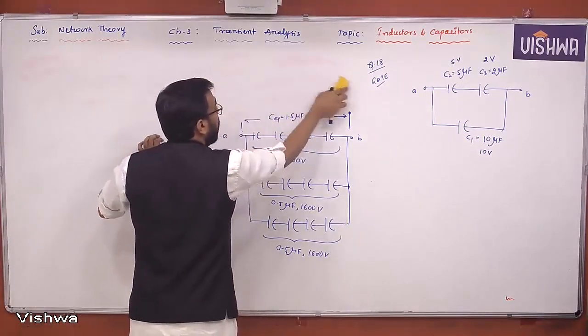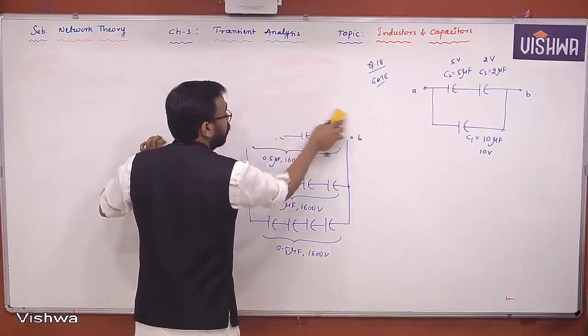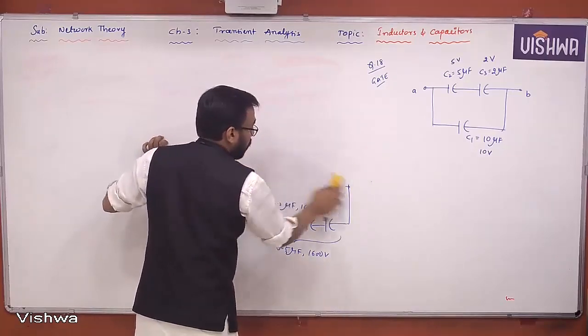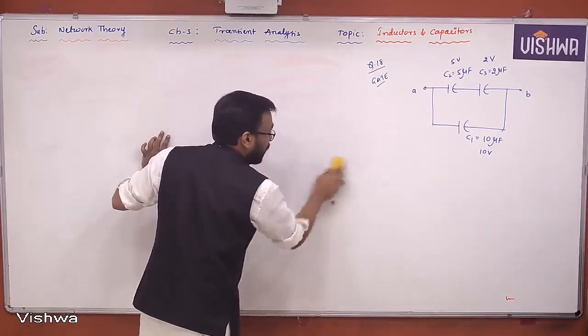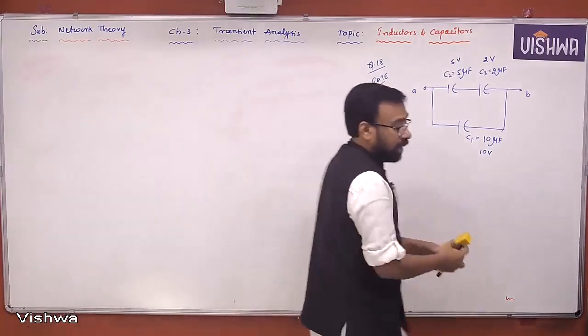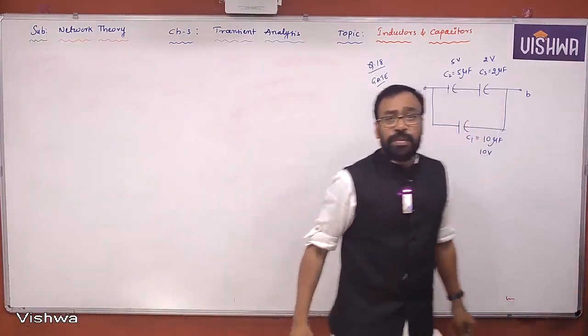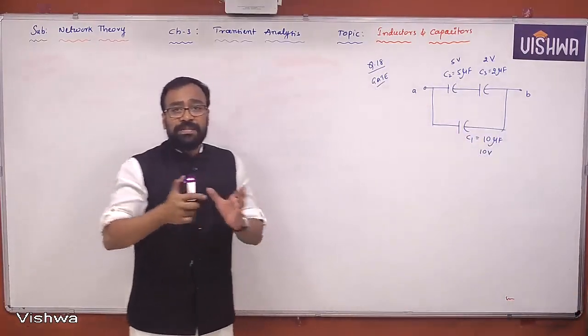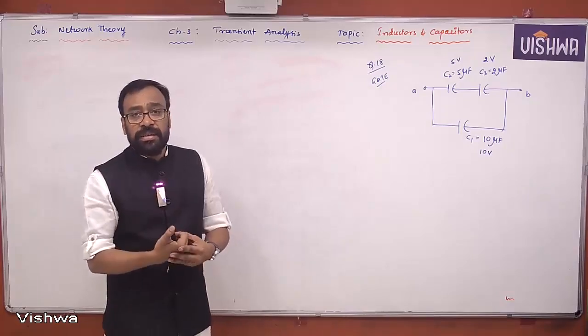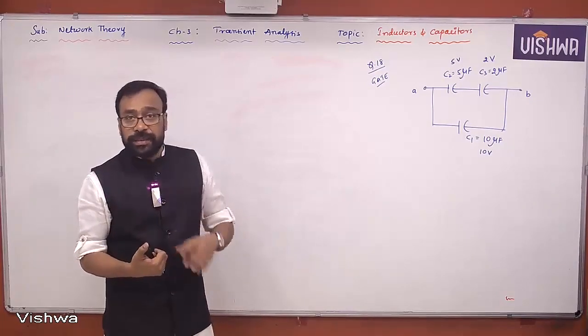Yes or no, all of you? The dielectric gets punctured, and finally the capacitor gets damaged. So let us see now what is the maximum safe voltage that can be applied. Whenever this kind of problem is given, for the maximum safe voltage that can be applied, you must always follow certain logic.